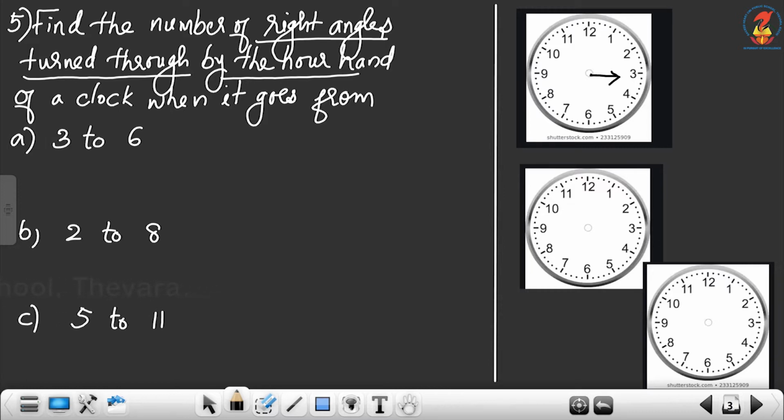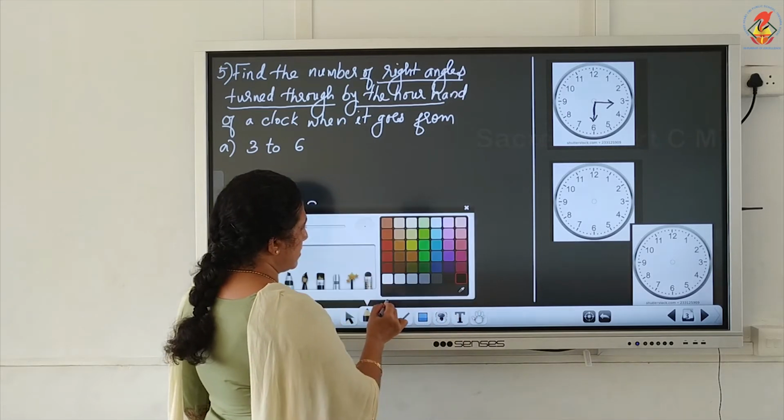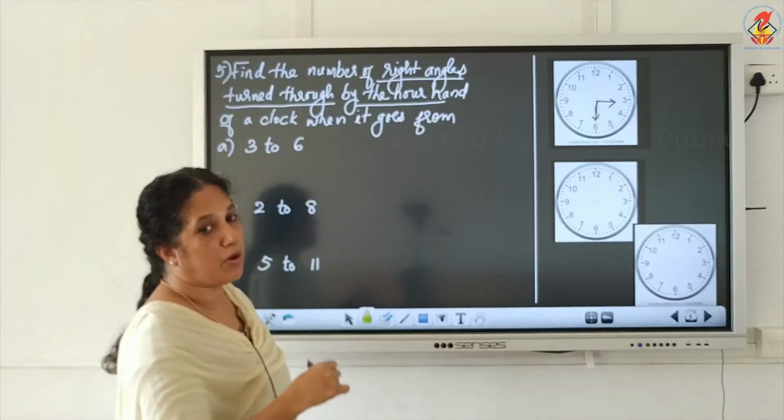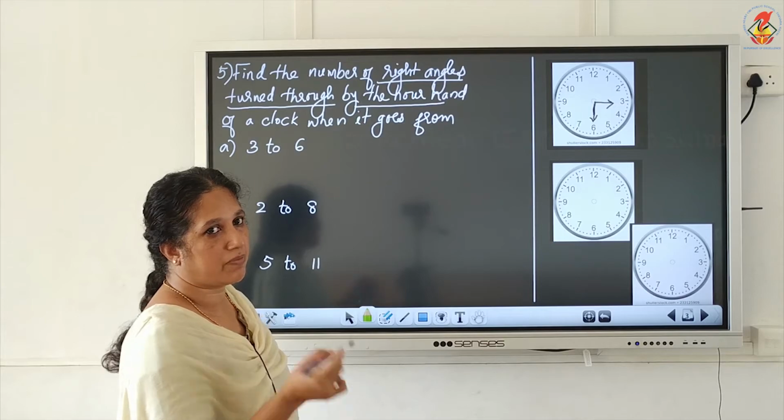Starts from 3 and reaches 6. Now look at that. What is the angle turned? How many right angles turned? One right angle.